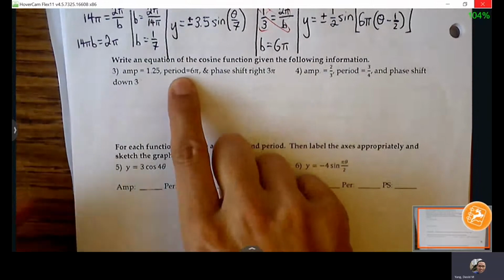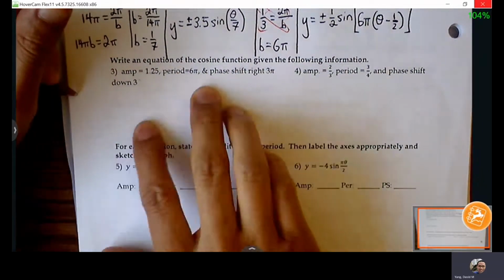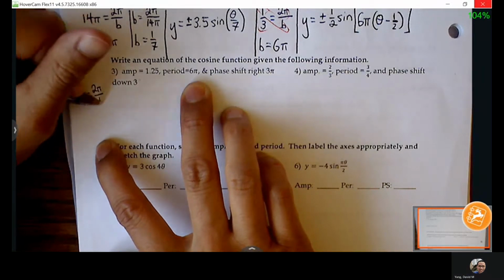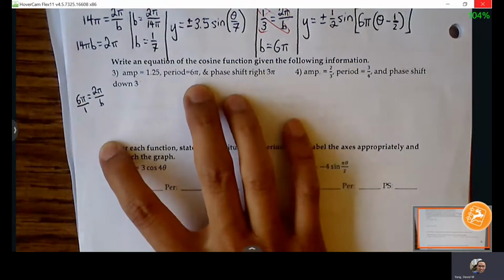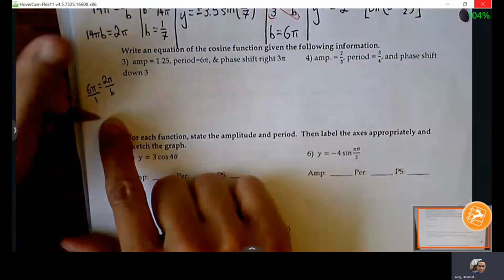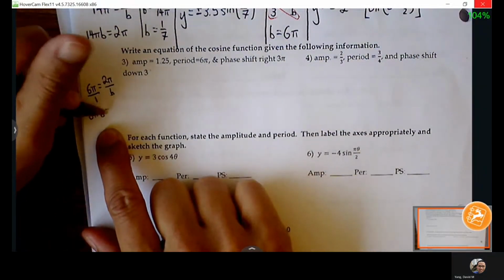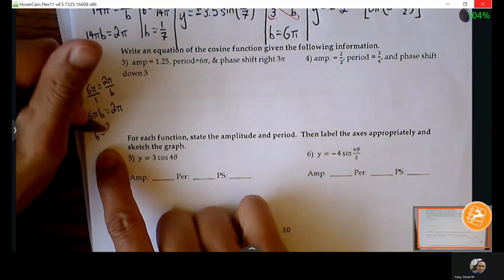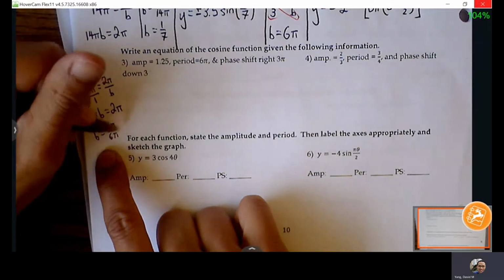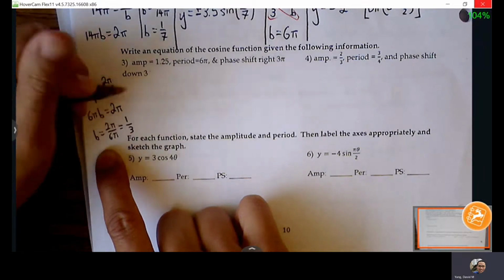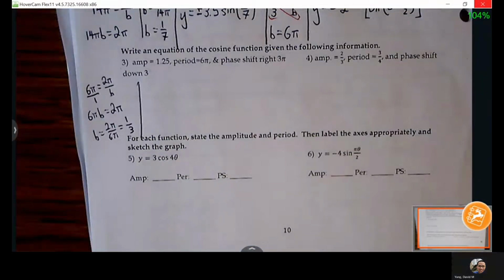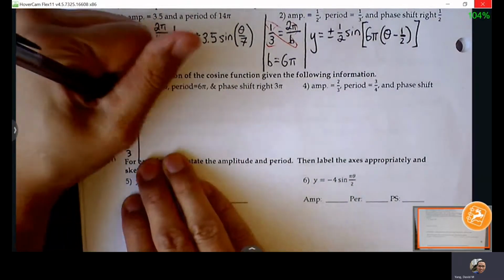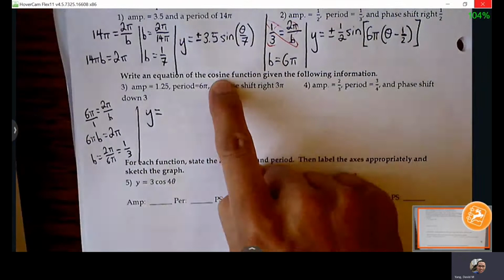Okay, so let's go ahead and find our b value again. Cross multiply. Divide both sides by 6 pi. Pi's cancel out. B value equals 1/3. Okay, I think we have everything that we need to build our equation. Now it's the cosine.